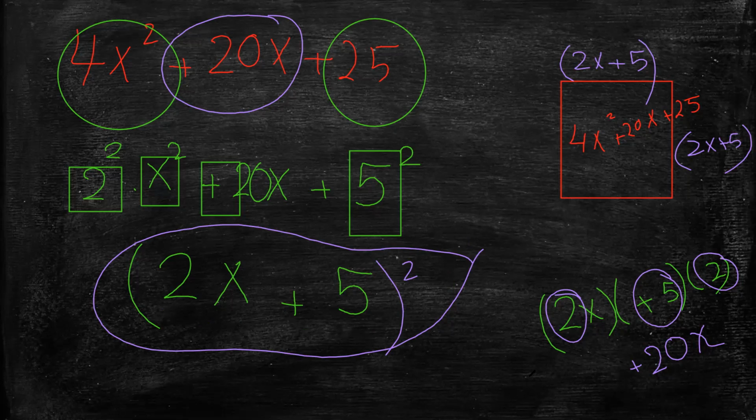Yes, you want to ask me? Teacher, I cannot multiply 4 times 25. It will give me 100. And 100 is a perfect square number. Or must I factorize the 4x squared and the 25 like this?